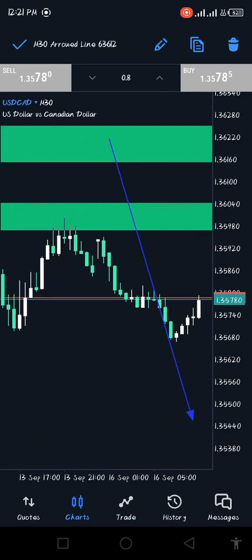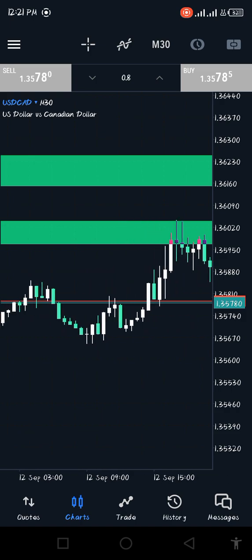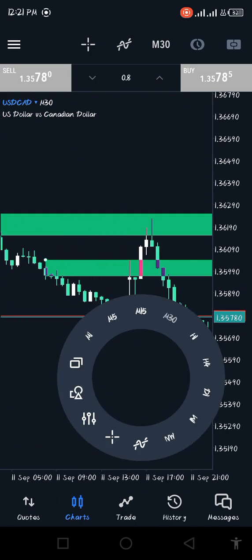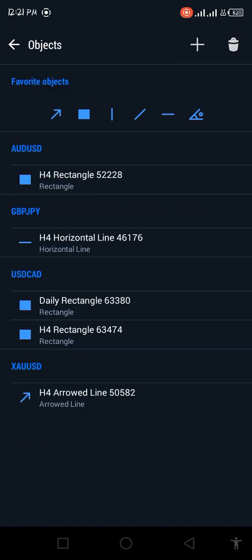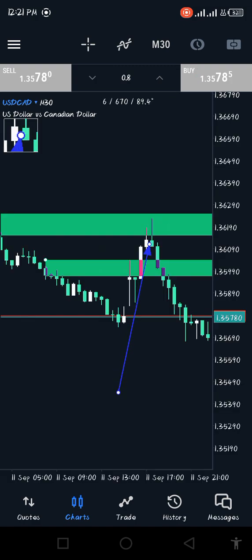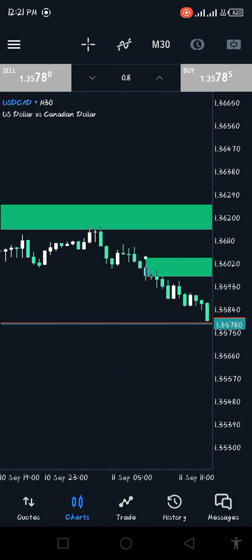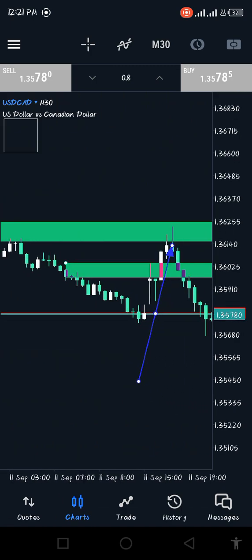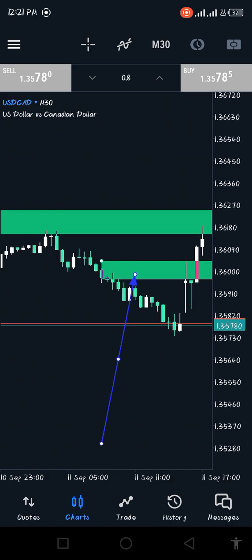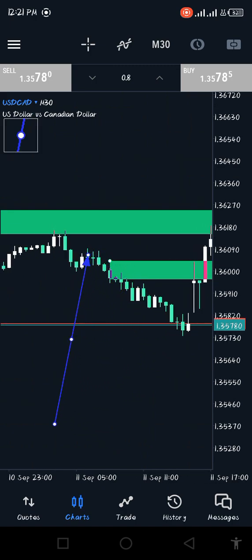Another example of a pin bar is this kind of candle. If we can have this kind of candle, then we can consider taking selling opportunities. Another kind of pin bar is this candle right here. Do you see this candle in this zone or in this zone? Then we can consider taking selling opportunities, guys.